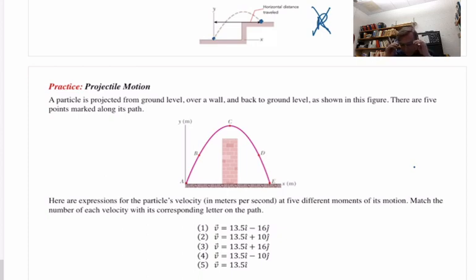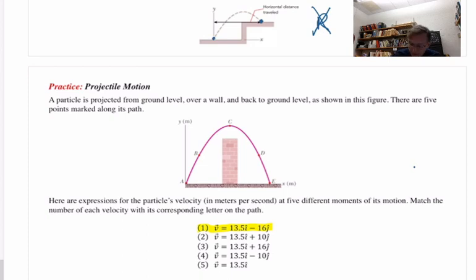Okay? For example, in expression 1, we're talking about a situation where the velocity vector has an x component of positive 13.5 meters per second and a y component of negative 16 meters per second. So that's just to make sure it's clear to you what this notation means.